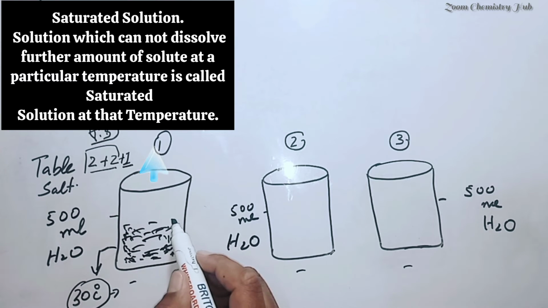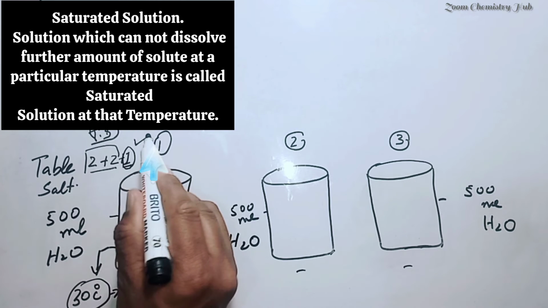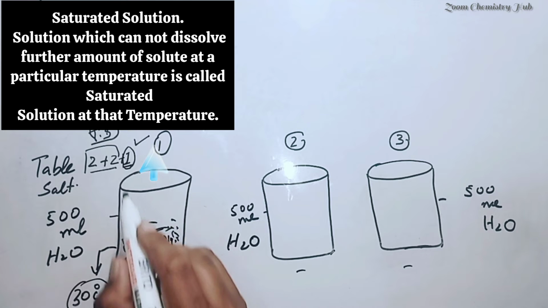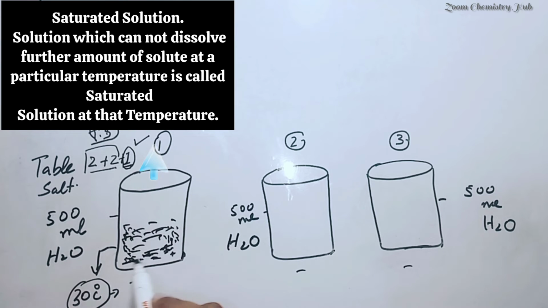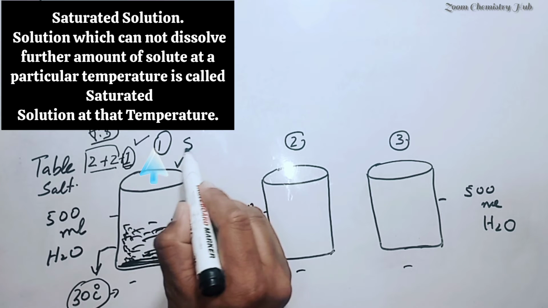This solution cannot dissolve further amount of solute in it. So at this stage the 1 tablespoon will not dissolve in that solution and remains at the bottom of the solution. So at this stage this solution is called saturated solution.